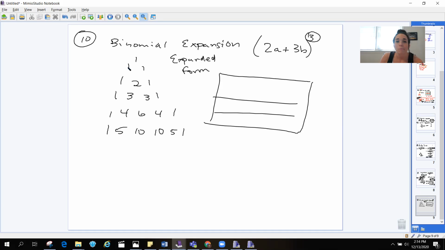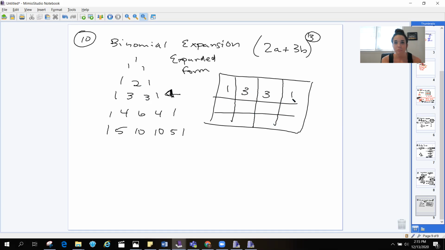Okay, so what you're going to do is draw out this box with 3 rows always. And in this case, we're going to have 4 columns. The reason we have 4 columns is because in the 3rd row, where it has the number 3, there are 4 numbers that go up here at the top.